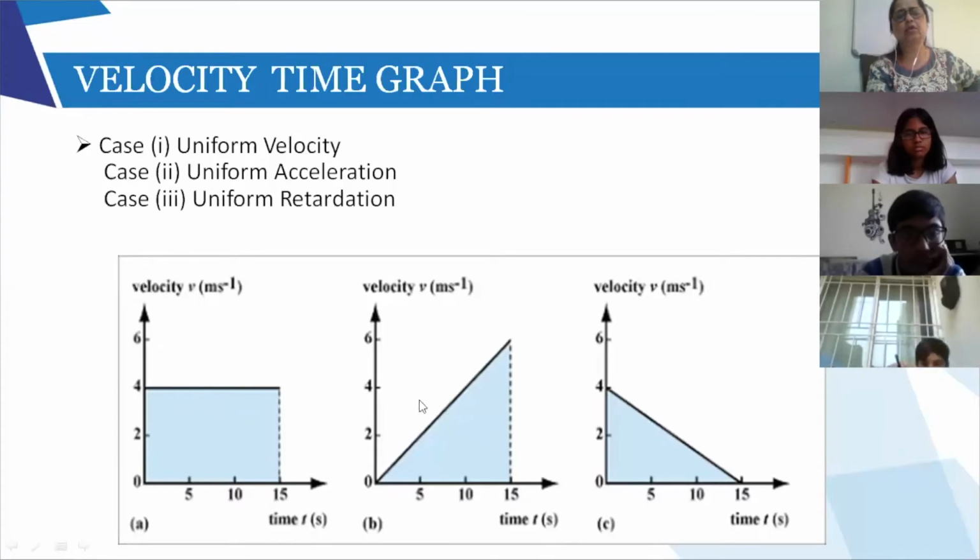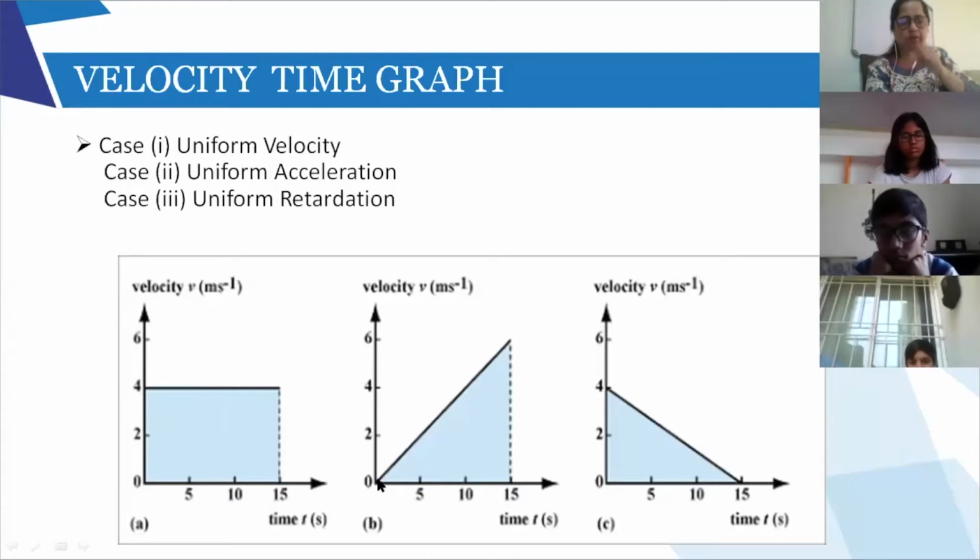This is uniform acceleration. Now see what is happening? Velocity is increasing uniformly. After 5 seconds, the velocity is 2 meters per second. After 10 seconds, the velocity has become 4 meters per second. After 15 seconds, it has become somewhere around 6 meters per second.